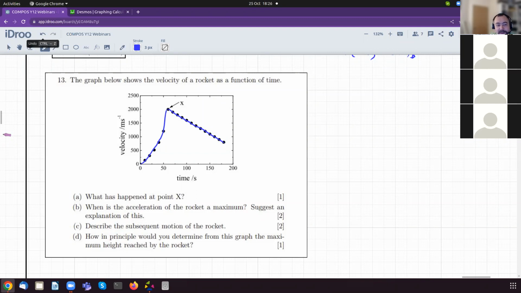It exits the atmosphere, but why does the velocity come to a stop? It definitely doesn't stop, because the velocity is 2000. Detached, accelerated, runs out of fuel. Yes, thank you. It runs out of fuel. At X, it runs out of fuel.